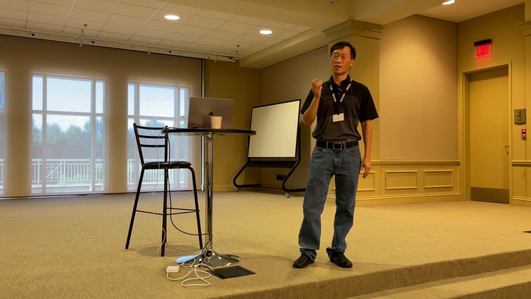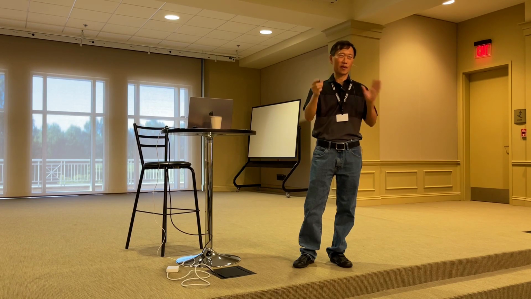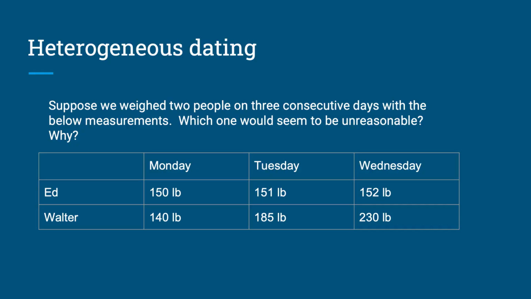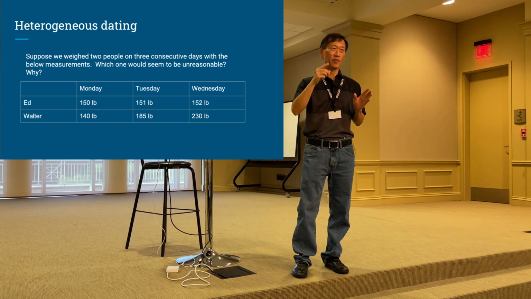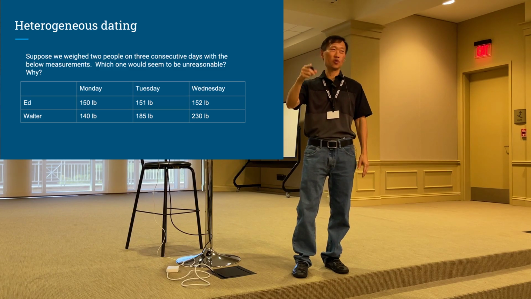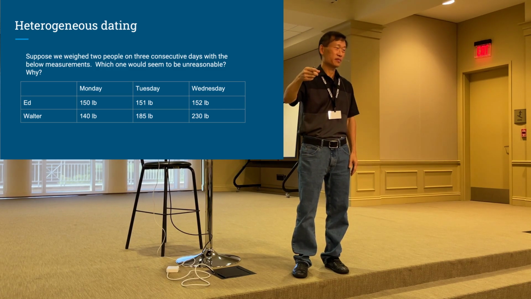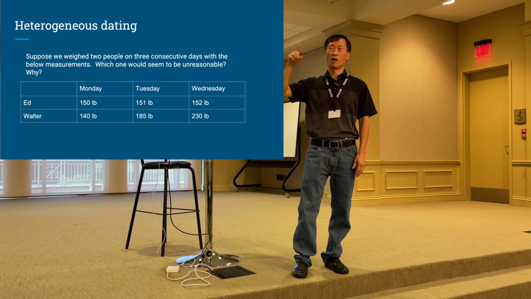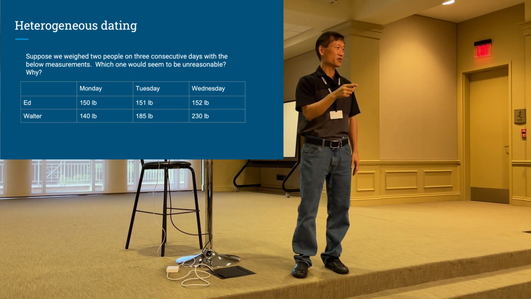The best explanation I can think of is an analogy. Suppose we have two people and we're going to weigh them. We'll take 3 measurements, one on Monday, one on Tuesday, and one on Wednesday. Let's measure the weights of Ed first. On Monday, he weighs 150 pounds.